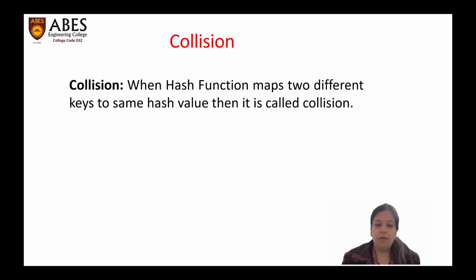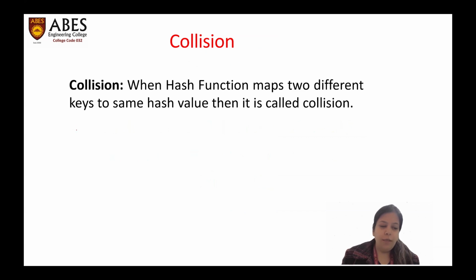Now, what is collision? As we have seen in the previous video also, when a hash function maps two different keys to the same hash value, then it is called collision. Let us try to understand how the collision occurs with the help of an example.